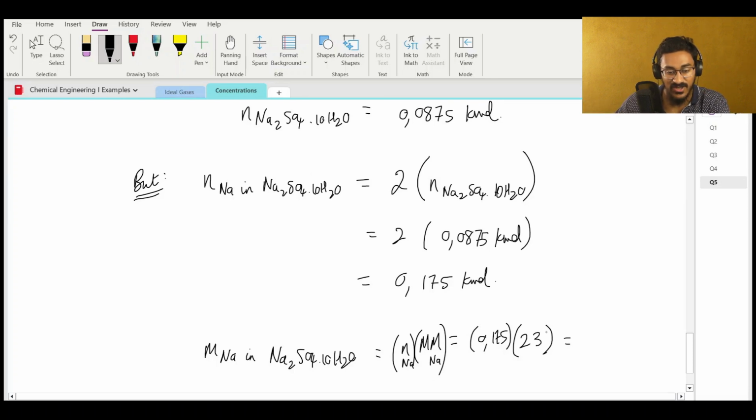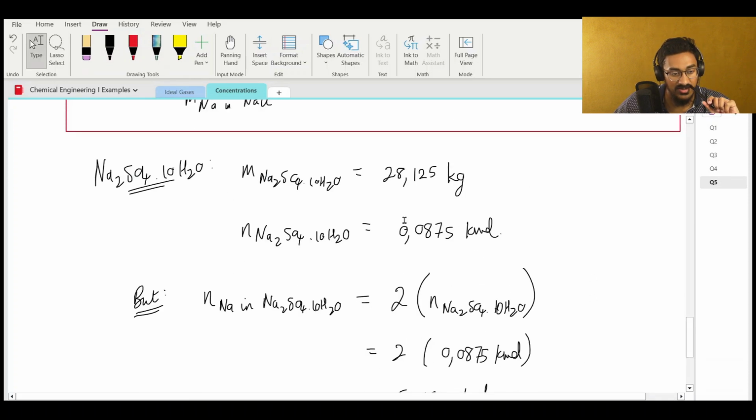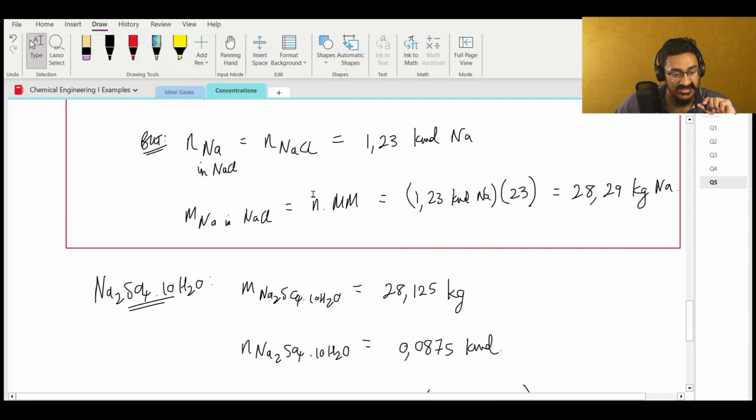All right, let's try this again. 0.175 multiplied by 23. That's 4.025 kilograms of Na. Okay, I hope you learned an important lesson here. Always write down your subscripts. So even here, this is number of moles of Na multiplied by the molar mass of Na.